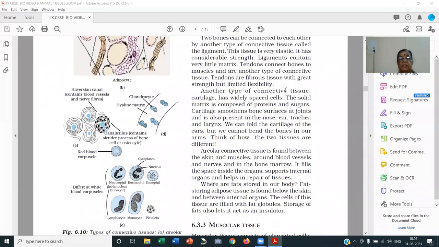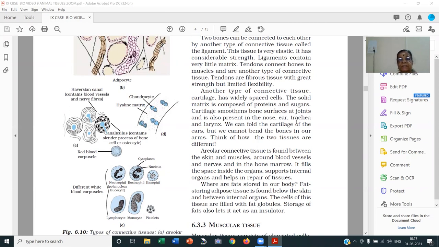So we are talking about areolar connective tissue. Areolar connective tissue is found between the skin and muscle, around blood vessels and nerves, and in bone marrow.